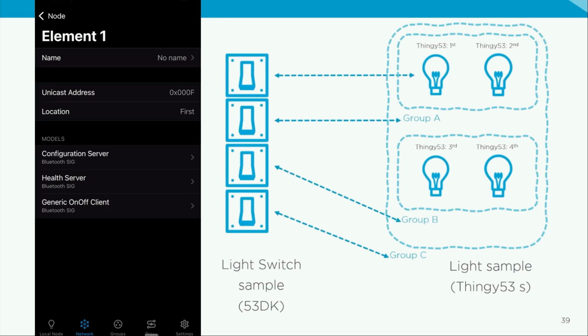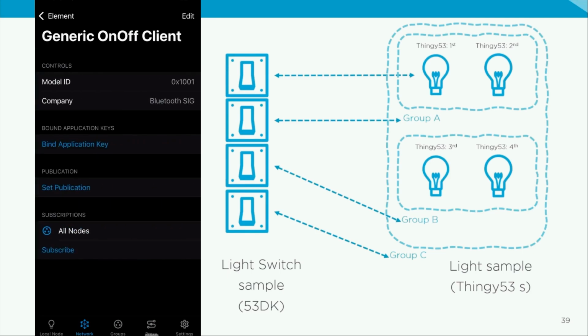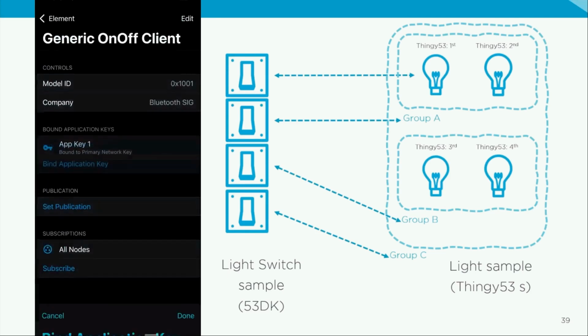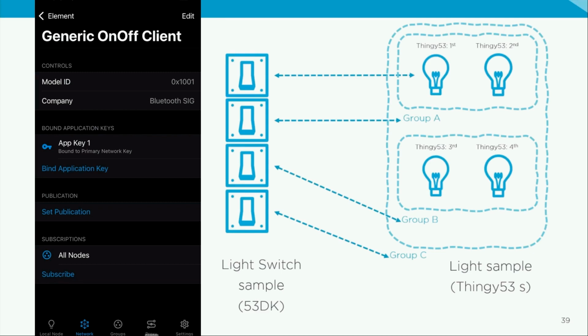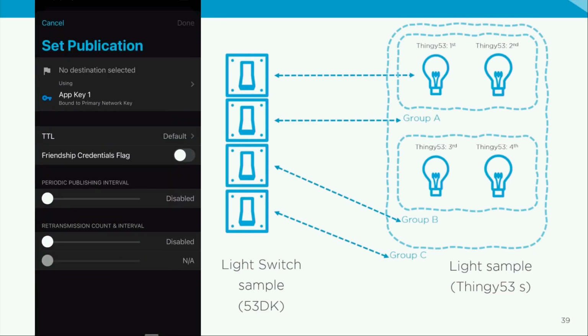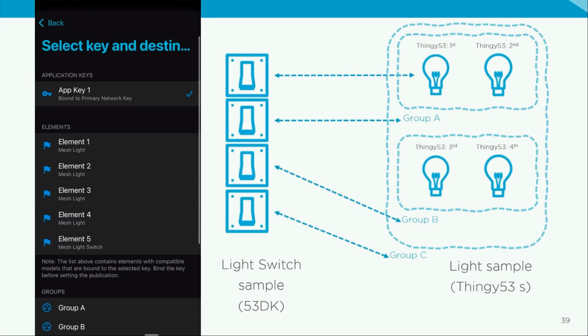The first switch is going to talk to thingy 53, the first one. So the first thing I should be doing is to bind the application key to this model and then set a publication to a destination for thingy 53. So that's the first one in this list.